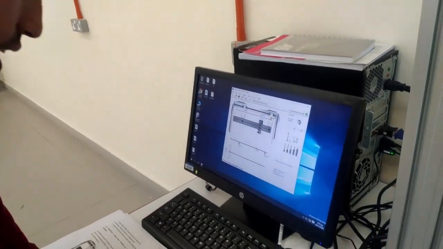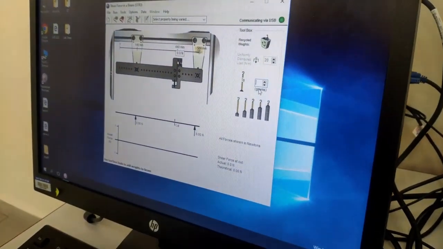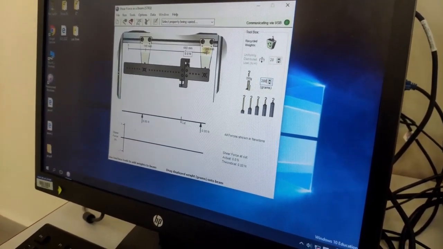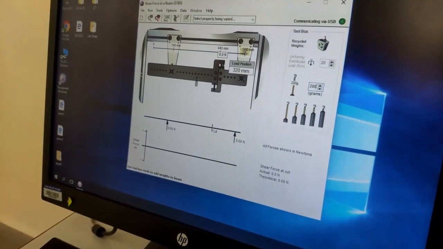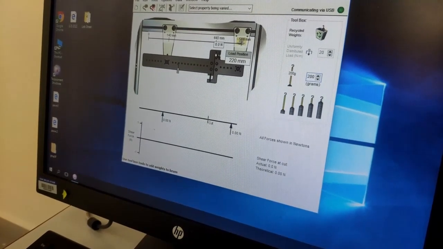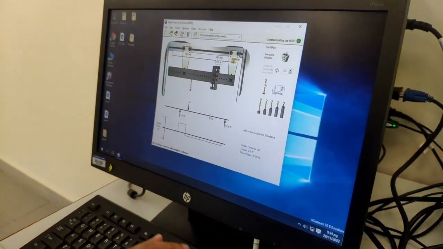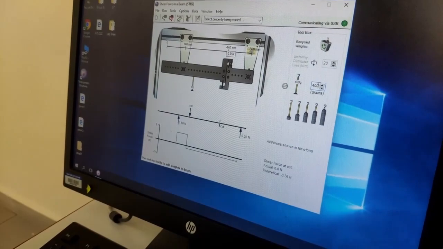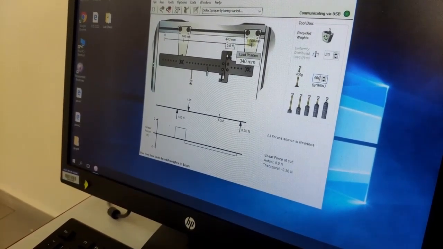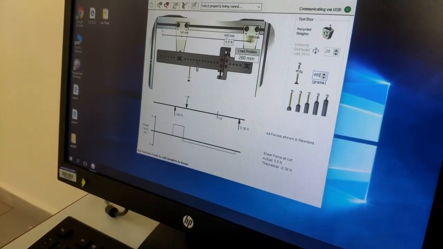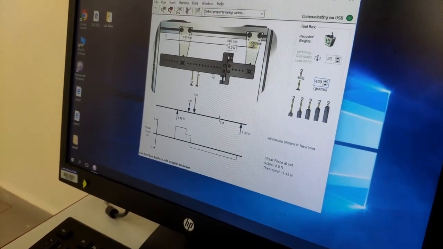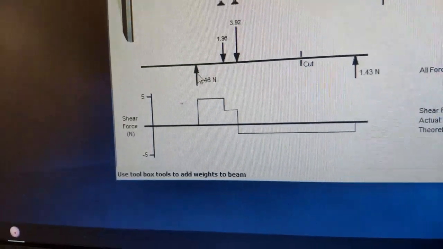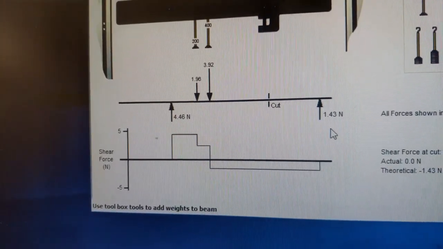Next, we find RA and RB for figure 3.7. Put the weight. This is RB.